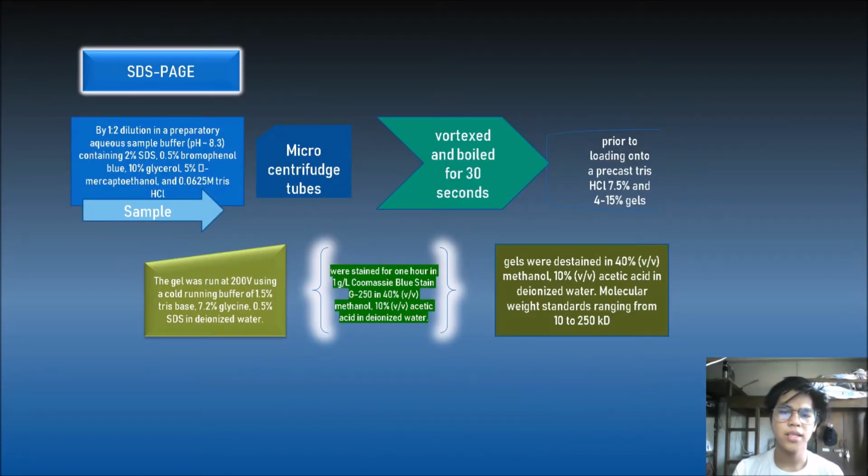So for the SDS-PAGE, the samples were prepared by 1:2 dilution in sample buffer, pH 6.8, containing 2% SDS, 0.5% bromophenol blue, 10% glycerol, 5% mercaptoethanol, and 0.0625 molar Tris-HCl in 1.7 ml microcentrifuge tubes.